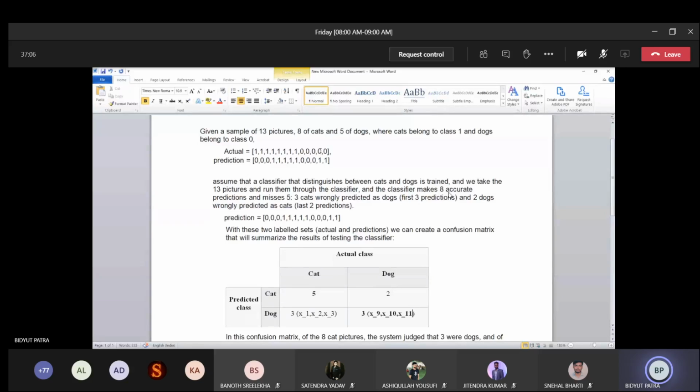So where should it come? False positive. So it comes here under false positive. Then x12 and x13. Done. Here 2, here 3, 5 and 3. So we got the confusion matrix.